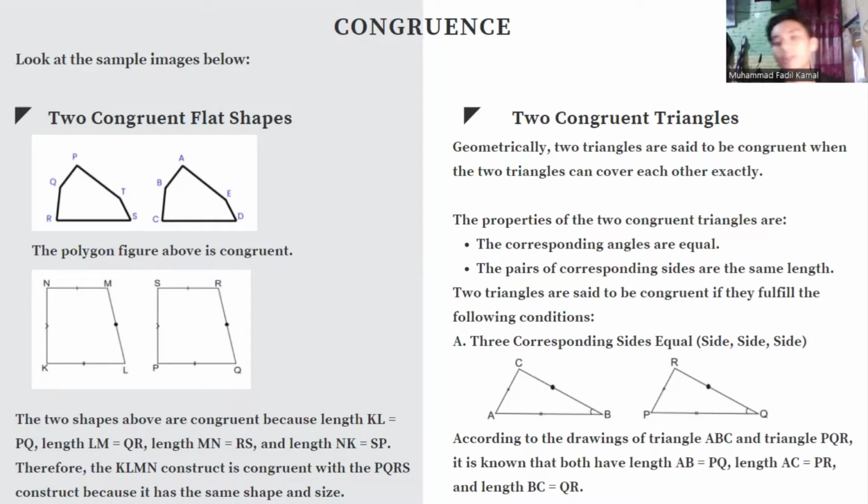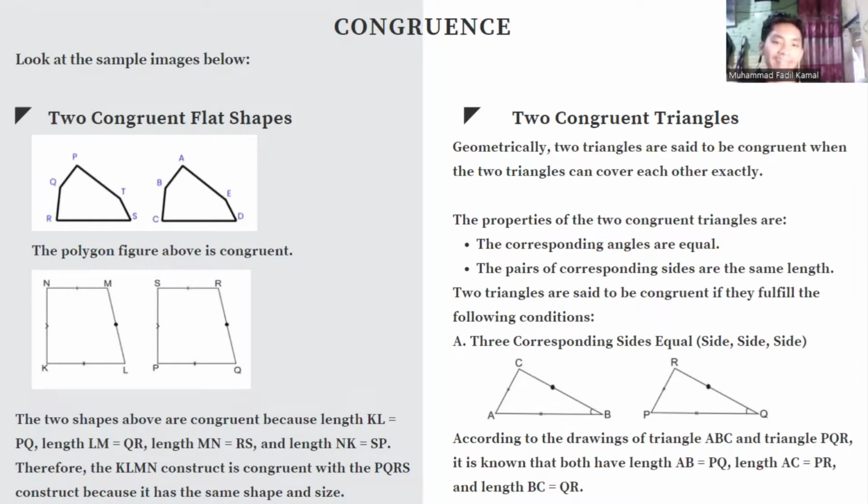And second, two congruent triangles. Geometrically, two triangles are said to be congruent when the two triangles can cover each other exactly. The properties of two congruent triangles are: first, the corresponding angles are equal. Second, the pairs of corresponding sides are the same. Two triangles are said to be congruent if they fulfill the following conditions.